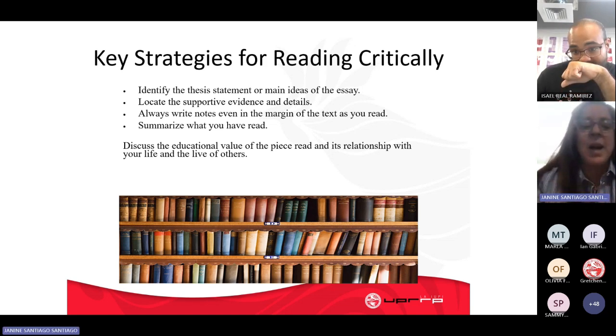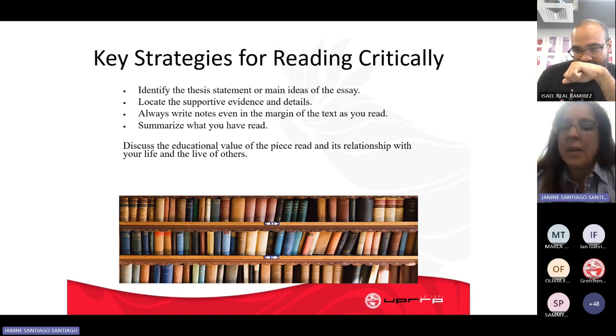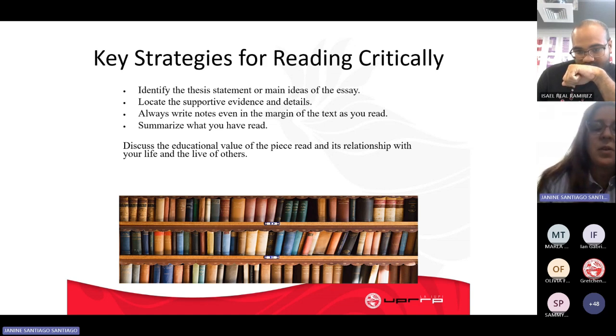Like you guys were saying before, I'm always telling you to write notes, even in the margins of the text as you read, okay? And always, always, always, we need to discuss the value of the piece read and its relationship with your life and the life of others.